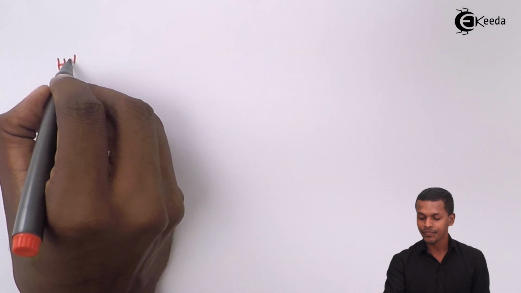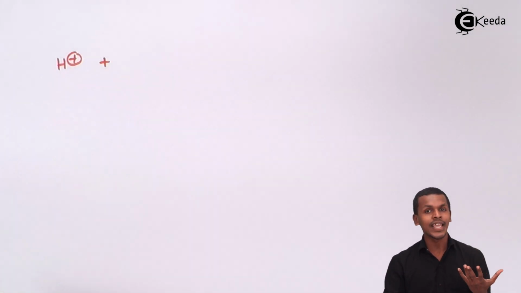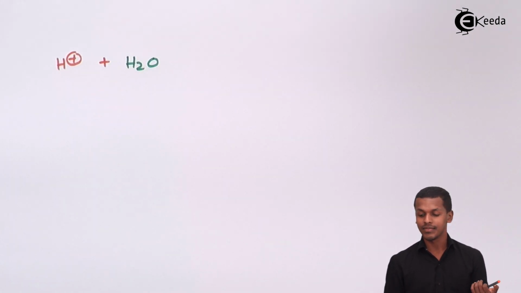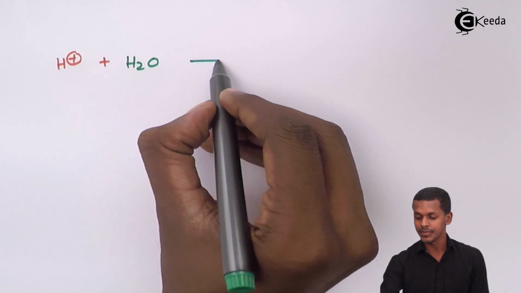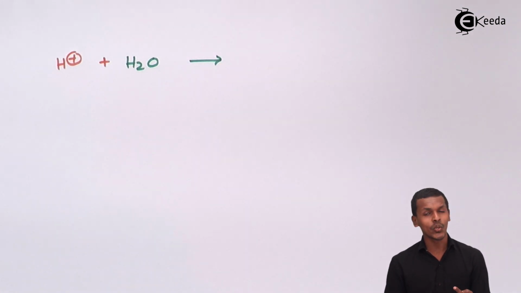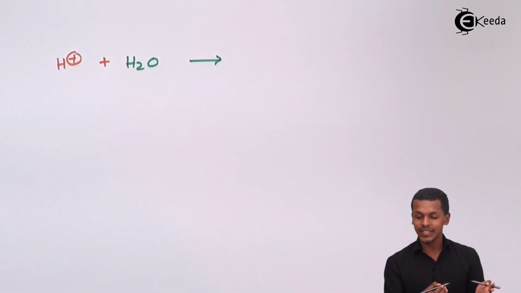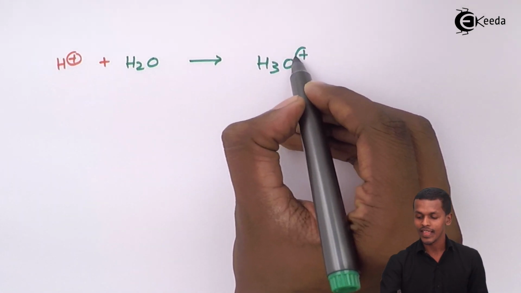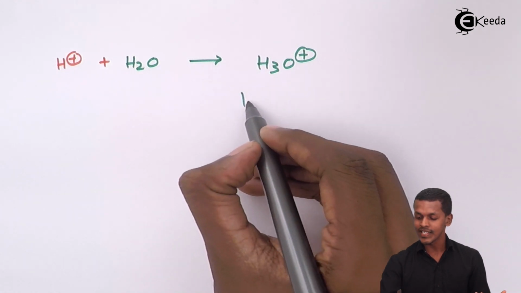But it has been found that whenever an acid forms an aqueous solution, the H+ ion combines with the H2O molecule that is present in the water. So we get H3O+, and this H3O+ is known as the hydronium ion.